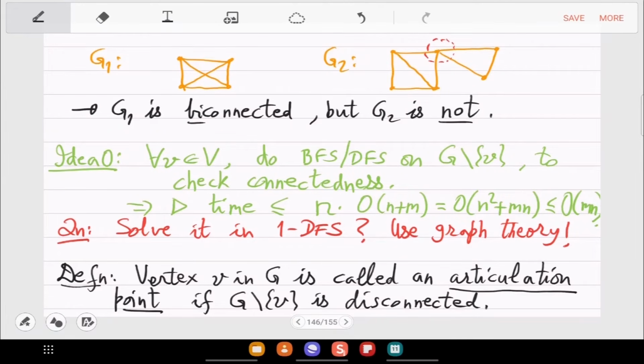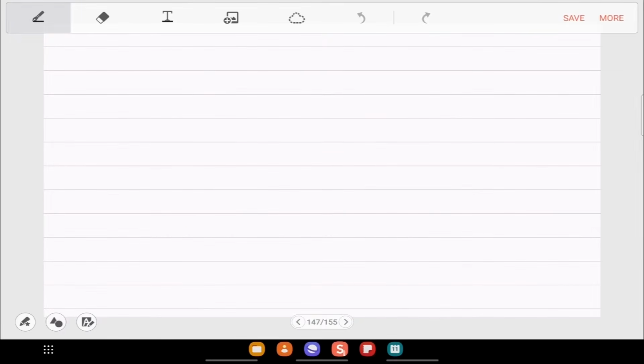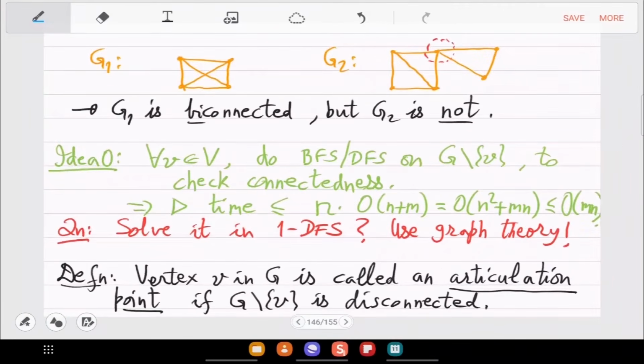So these weak vertices, give them a name, which is articulation point. And we want to enumerate all of them in a given undirected connected graph. For that, we cannot do this in one step. We have to do this after studying a lot of properties of articulation points.